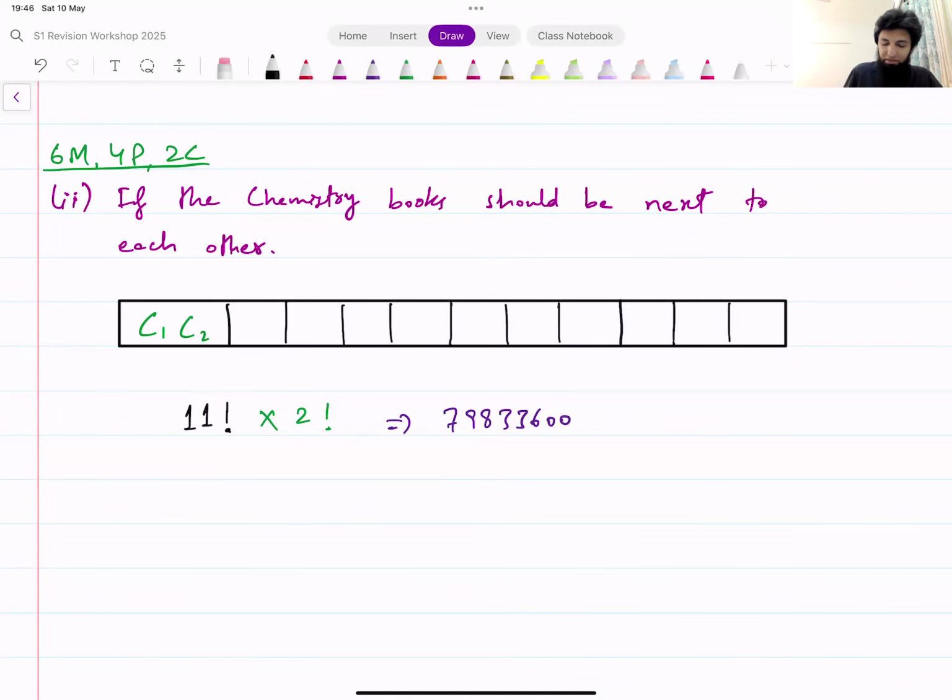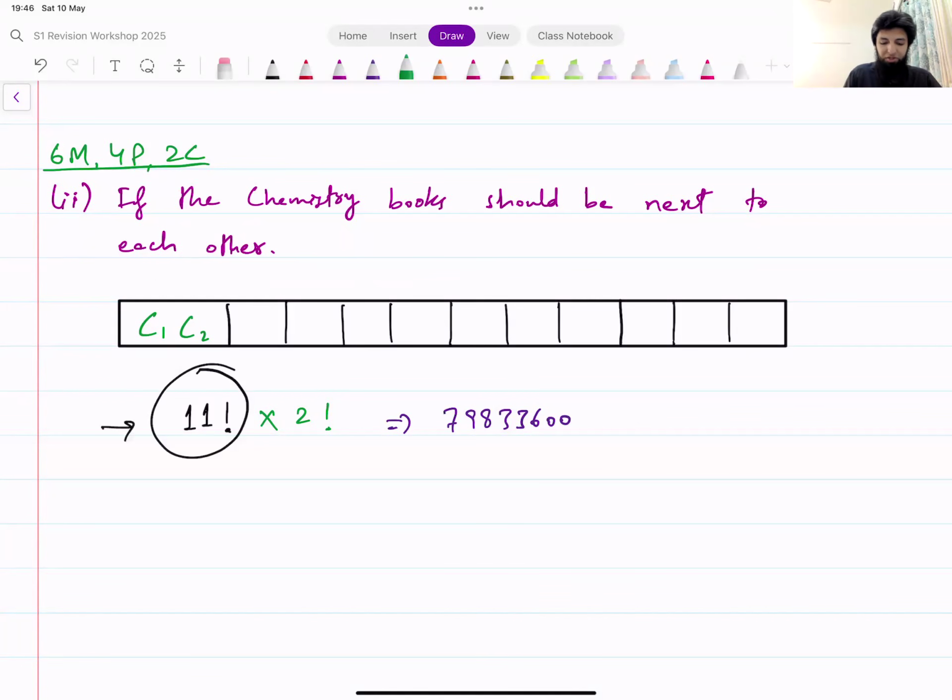So you had 12 boxes initially. If you merge two boxes and put the chemistry books in that, how many total boxes do you have now? 10 other boxes, and then this merged box, right? You made one box out of two boxes, so that's 1. 10 plus 1, that's 11 boxes in total. In how many ways can you arrange these 11 boxes? 11 factorial ways.